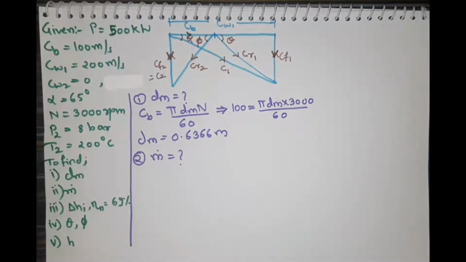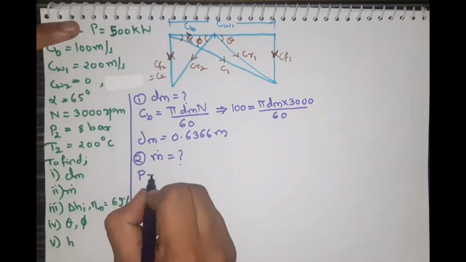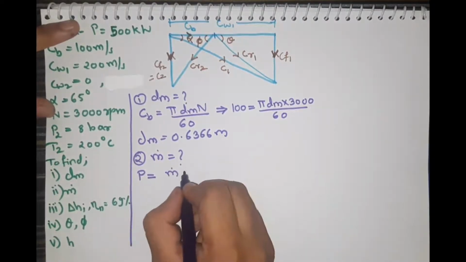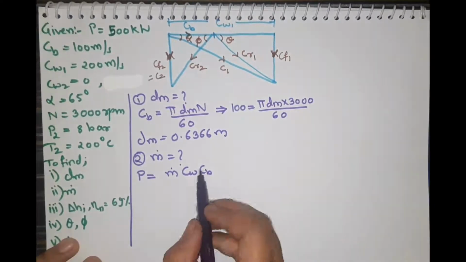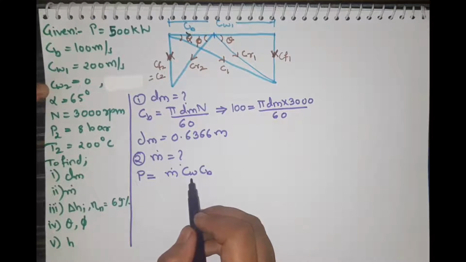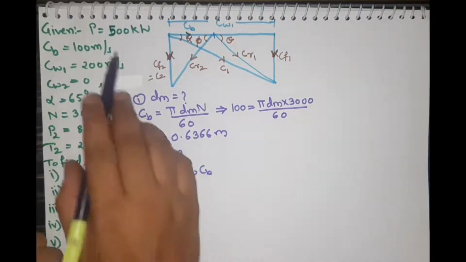Let's go for the second one, that is m dot. Now for m dot, we can see here power is given to us. So by formula, power is equal to m dot Cw Cb. We can see here Cw, that means Cw1 plus Cw2. It is given. Cb is also known to us. Power is also given to us in kilowatts.